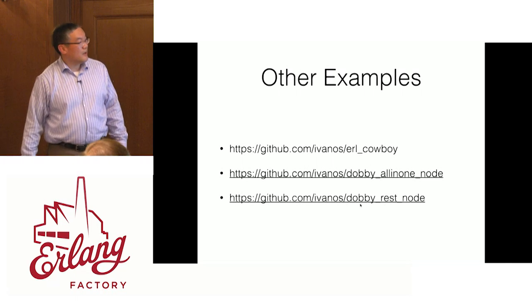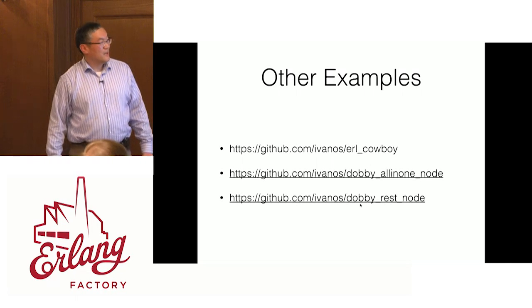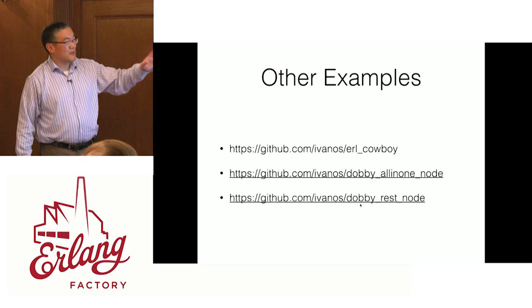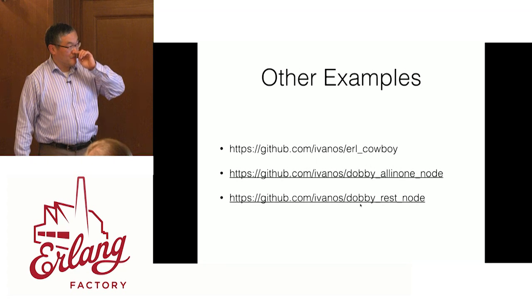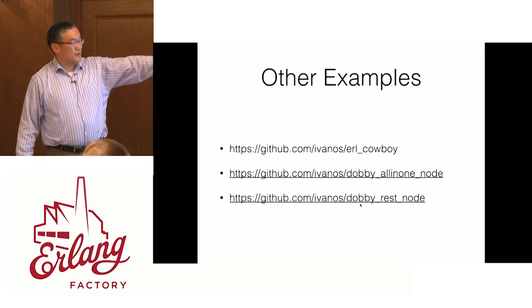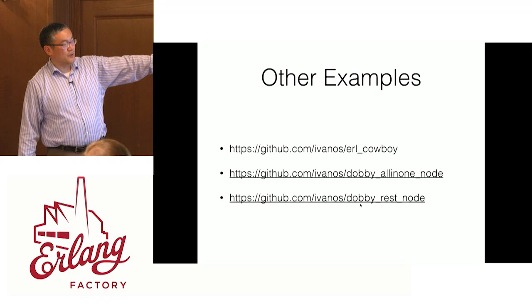Okay, and there are some other examples. I did a very thin wrapper around Cowboy for our REST interfaces, and then there are other ways in which things were composed.